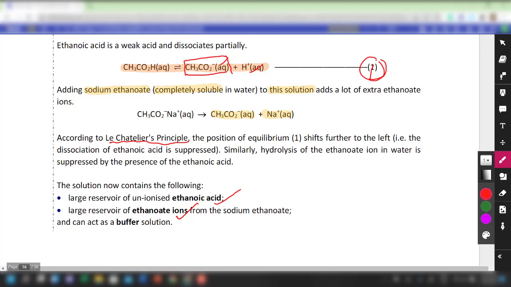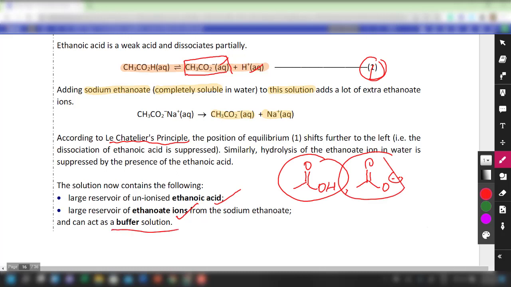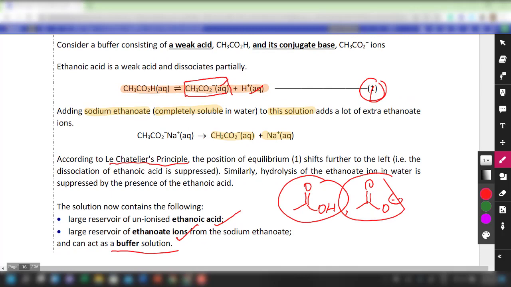The combination of ethanoic acid as well as its conjugate base, or the salt, will result in a buffer solution. Take note that we have not explained how the solution acts as a buffer at this stage. We are just telling you the mechanics of producing a buffer solution. To explain how the buffer solution works, we'll move into it later on.